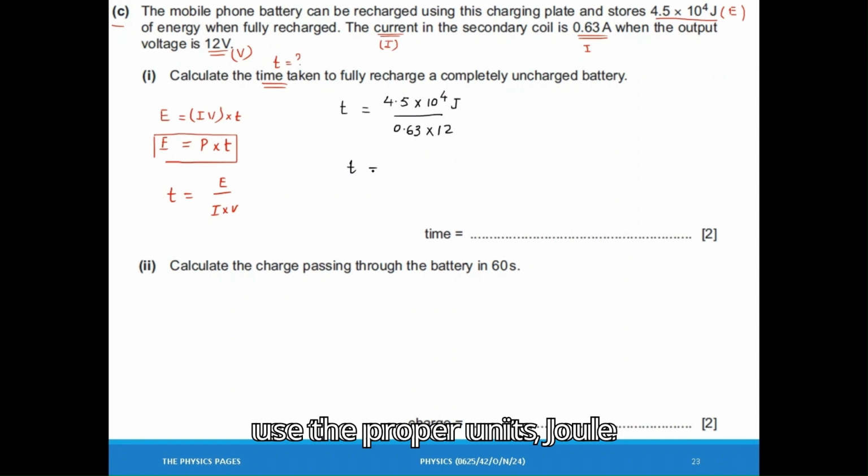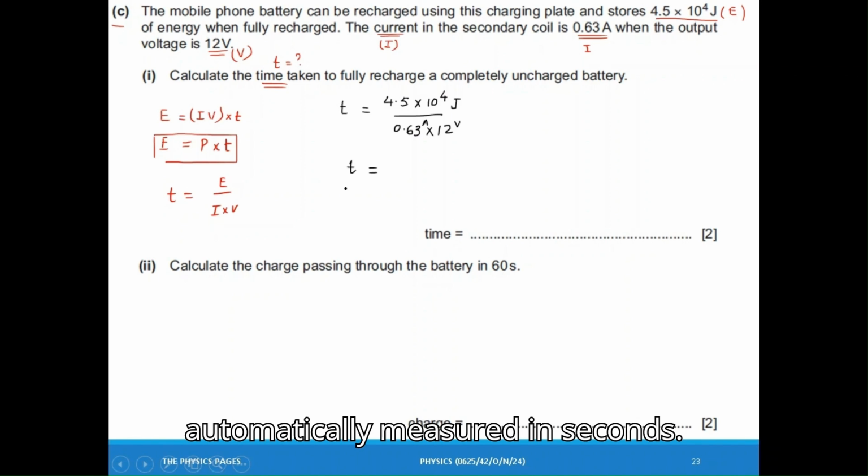When we use the proper units, joule, ampere for the current and volt for the potential difference, the time will automatically be measured in seconds.